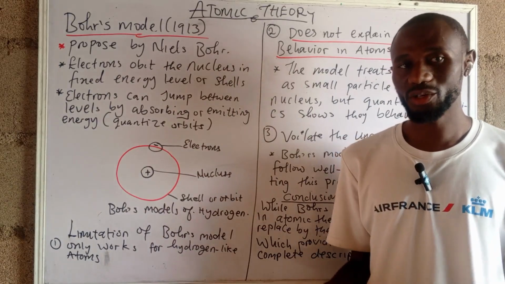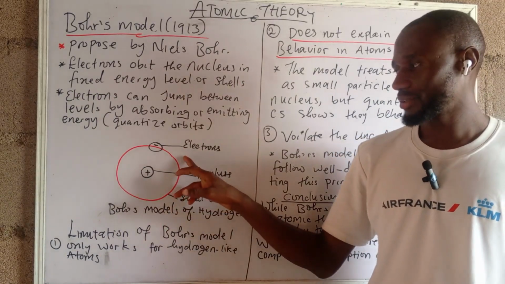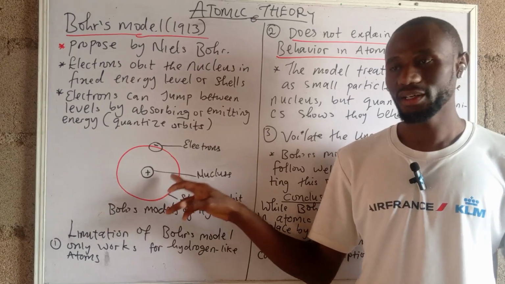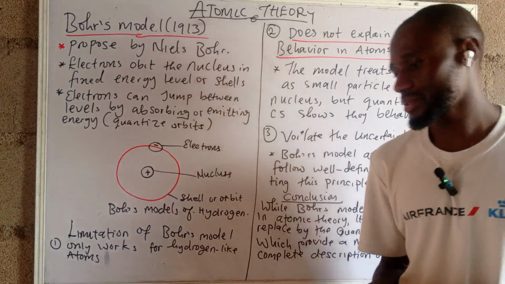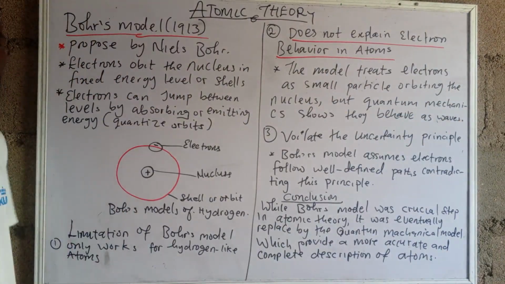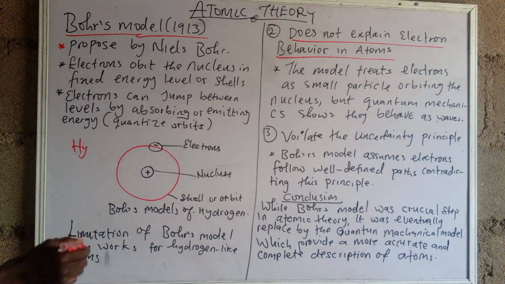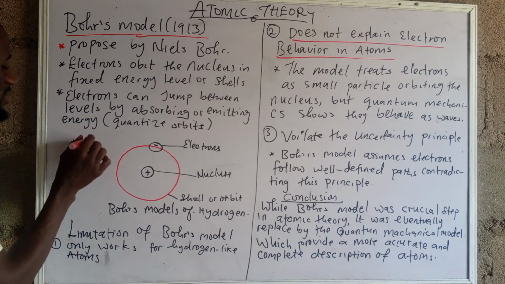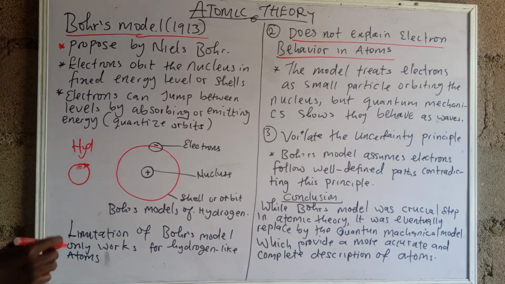If you can remember, hydrogen has only one shell, because hydrogen is number 1 in the periodic table. Hydrogen has only one electron in the shell.